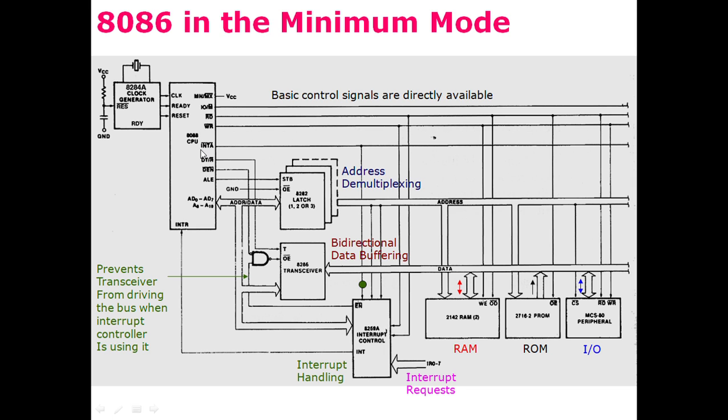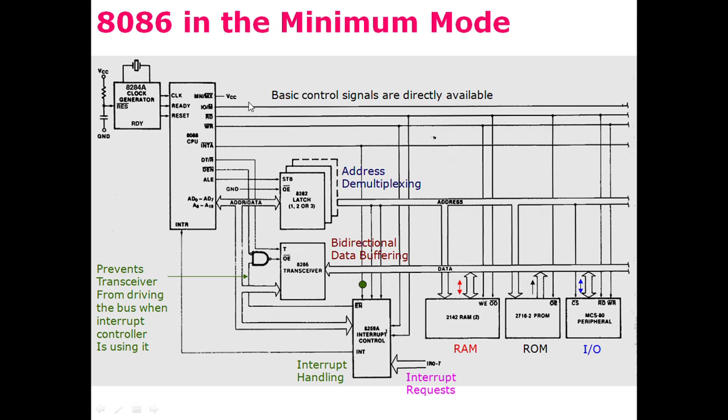Here we have the CPU 8086, connected with an external clock generator, the 8284A clock generator. The three outputs of the clock generator, clock, which provides the basic clock signal to the microprocessor, ready and reset, are connected with the three pins, clock, ready and reset of the microprocessor.